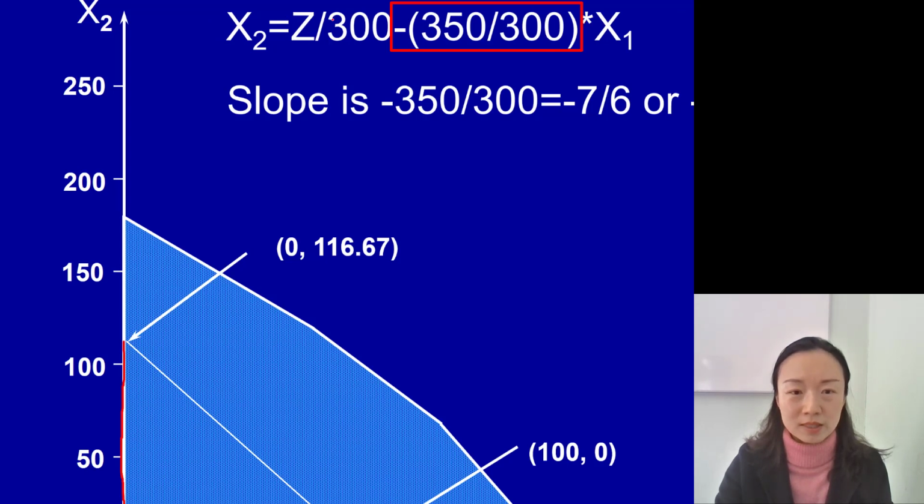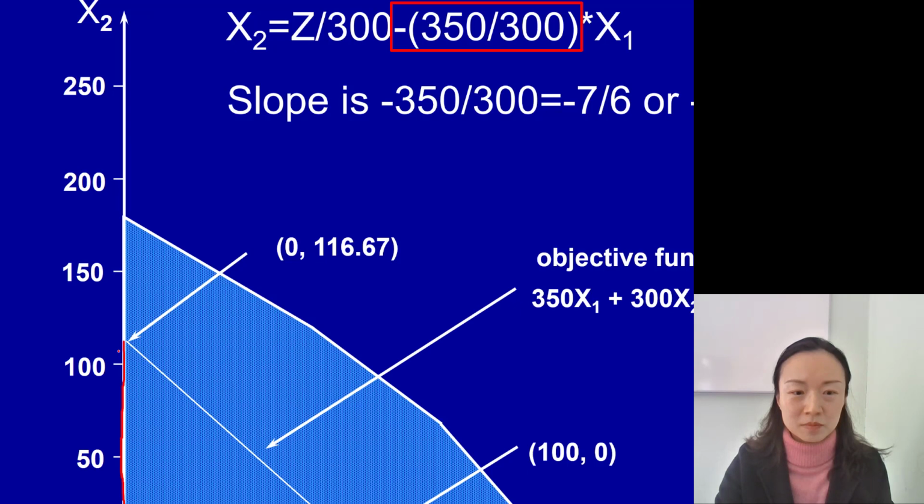Then where is our z divided by 300? This is the intercept on our x2 coordinates, right? So that would be this part here. And that gives us an objective function value that equals 35,000.